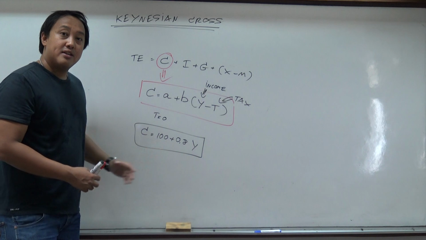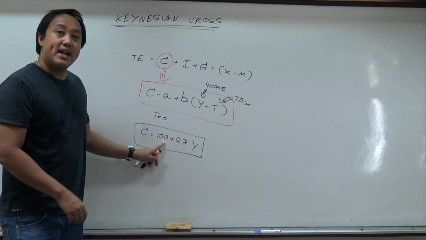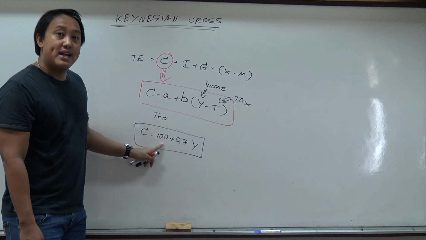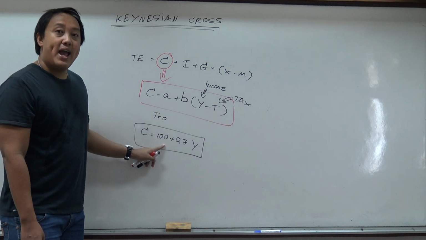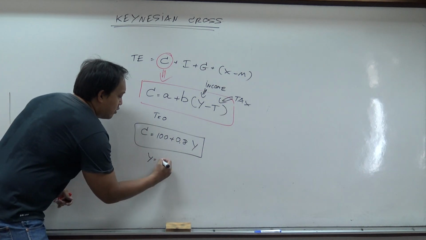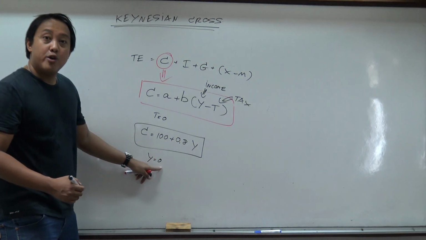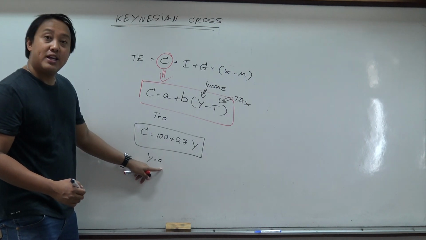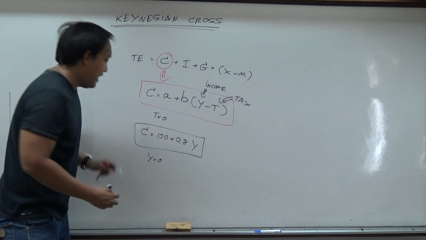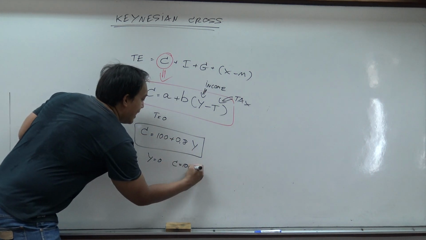So what does the 100, the A, mean? It means that even though you don't have any money, Y equals 0, you put 0 instead of Y, and C is going to be equal to 100.